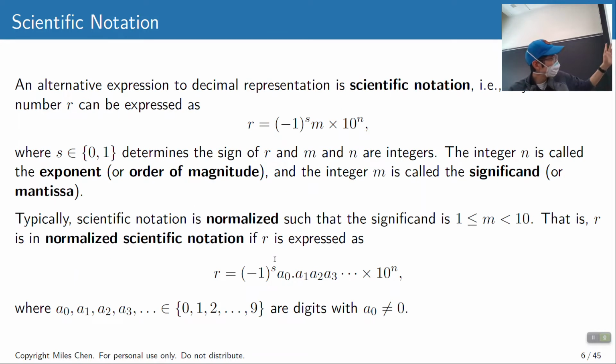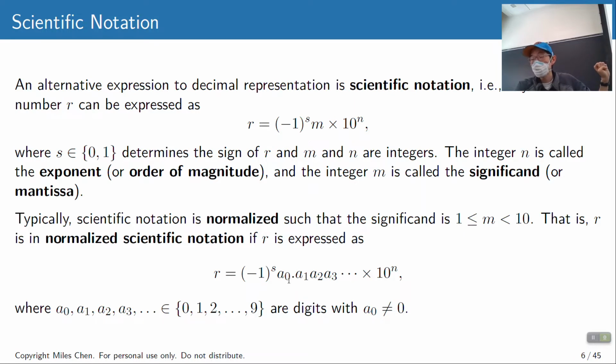You take these decimal numbers, and you can also use scientific notation to represent these things. So scientific notation, normalized scientific notation: your leading value has one value in front of the decimal point, and it can't be a 0.